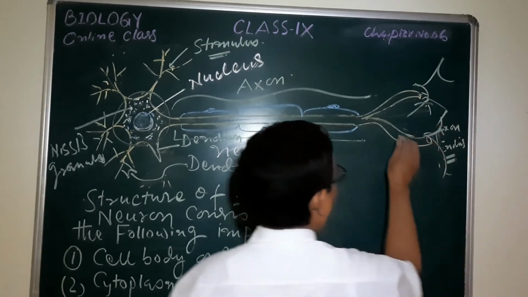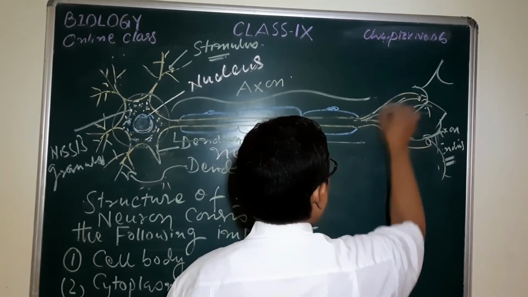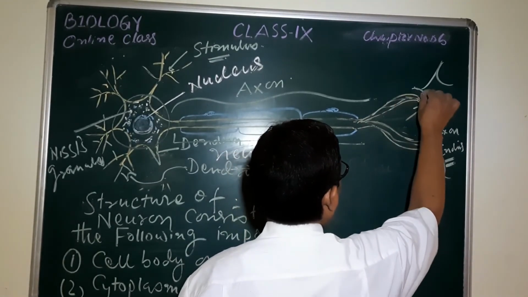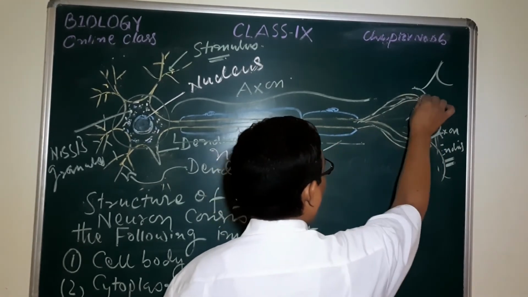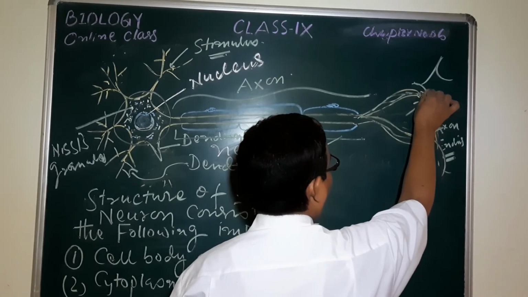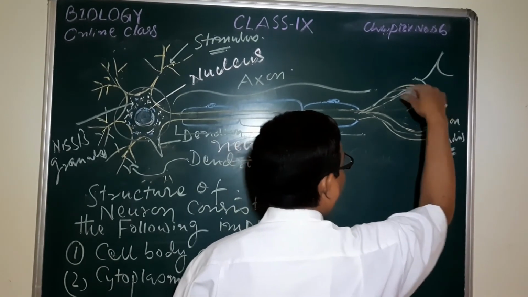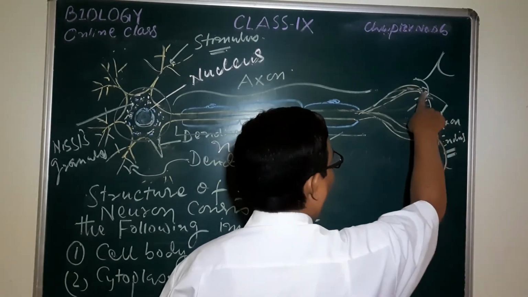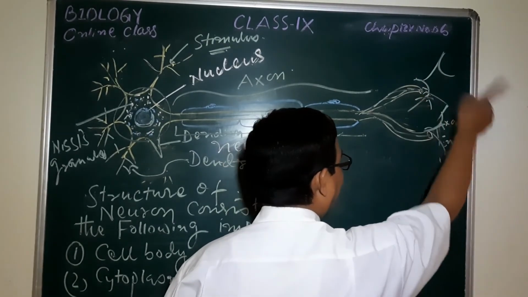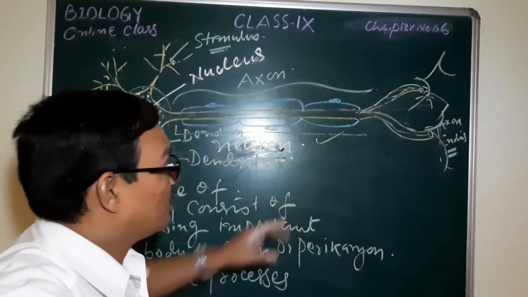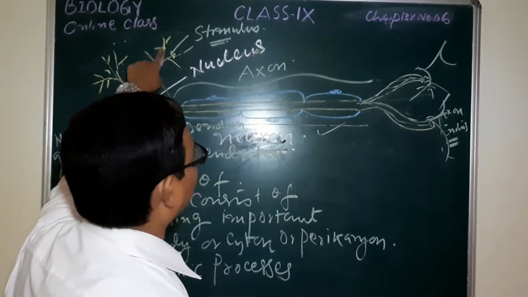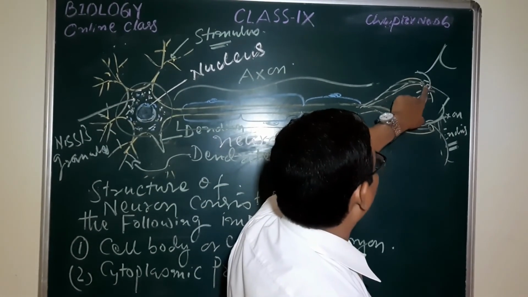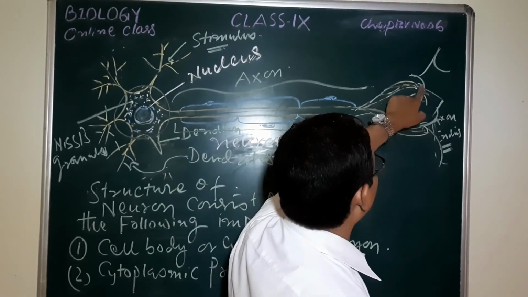Here are dendrites. Once again, the messages or the stimulus may travel from the last end part of this neuron or axon, which now communicates with the second or another neuron, and that is not the ending of the axon. No, it is the dendrite that will now detect the message, that will now detect the stimulus.